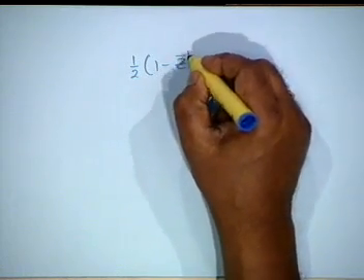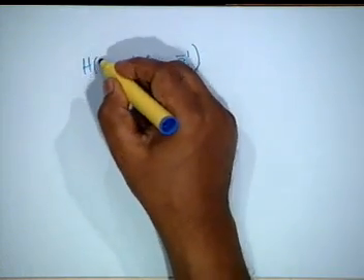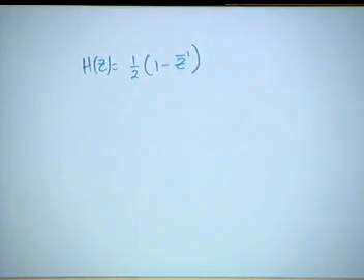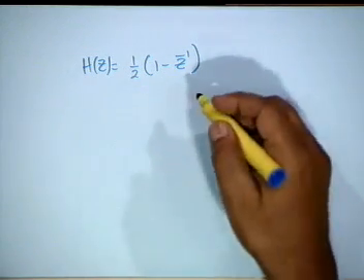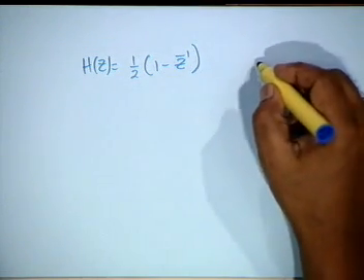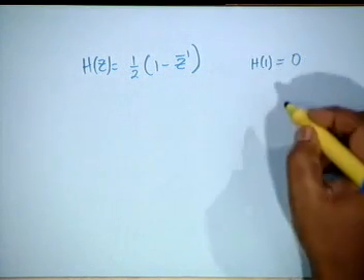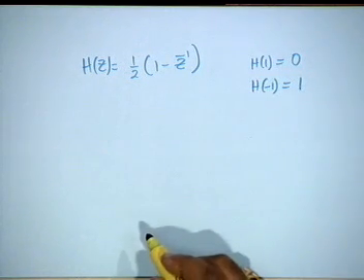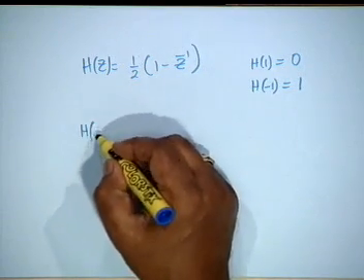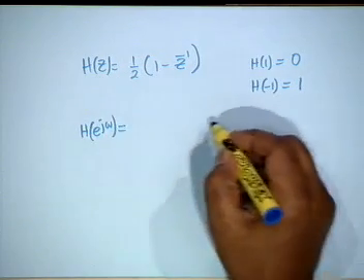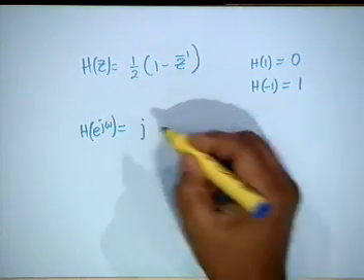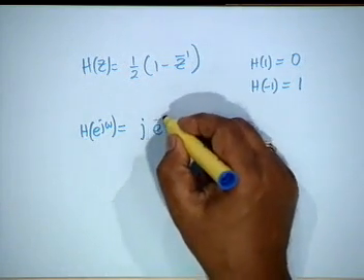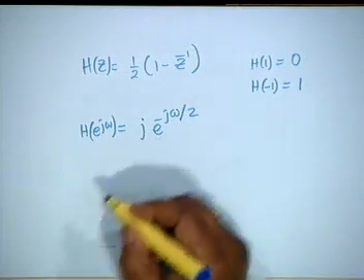Now, if I change the sign, half 1 minus z inverse, without going through any Fourier transform, you can tell me what this filter is. High pass, because H of 1 is 0 and H of minus 1 is equal to 1. So, it is a high pass filter. You can also show that H of e to the j omega is equal to j times e to the minus j omega by 2, times sine of omega by 2. Where does this j come?